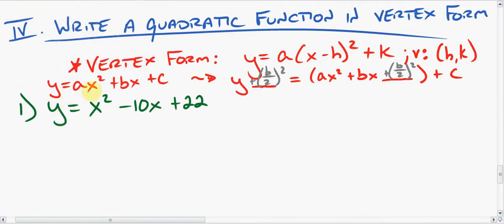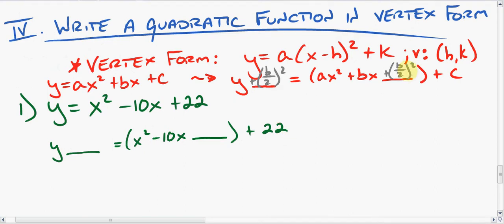Currently we're at this spot right here. We've got our ax squared plus bx plus c. So the next step is I'm going to isolate the x squared and the bx with a little space from the c, which was 22. And we're going to create our new c by adding b over 2 squared in both spots. So our b is negative 10.